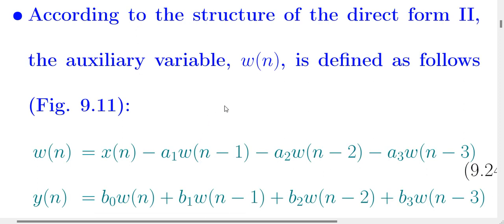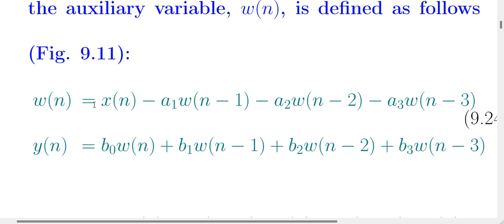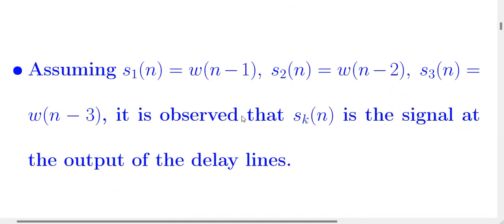According to the structure of the direct form 2, the auxiliary variable w[n] is defined as follows. w[n] is equal to x[n] minus A1 w[n-1] minus A2 w[n-2] minus A3 w[n-3], and y[n] is equal to B0 w[n] plus B1 w[n-1] plus B2 w[n-2] plus B3 w[n-3].